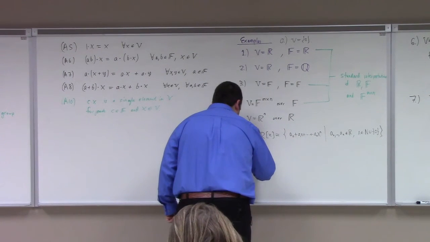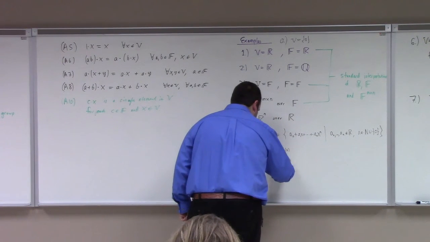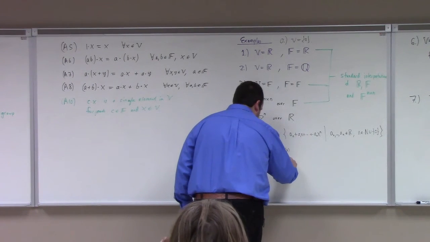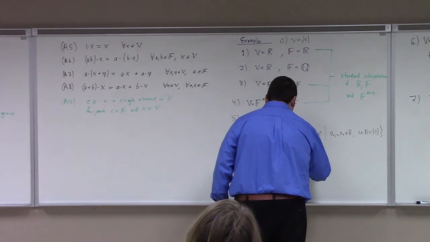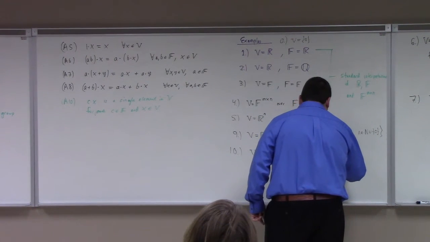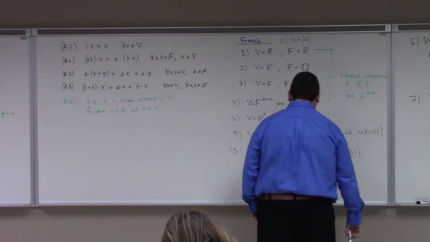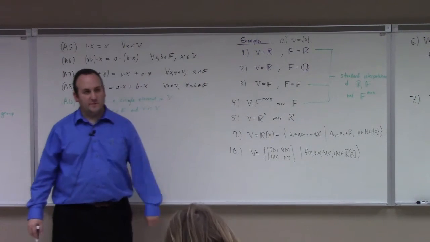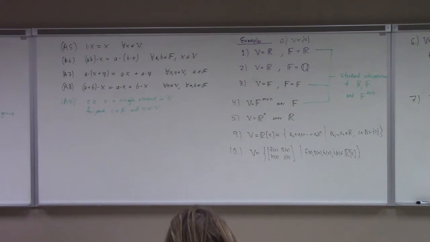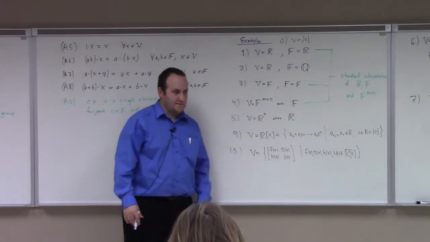How about V is equal to things like f of x, g of x, h of x, i of x, such that they are in the polynomials over x? 2 by 2 matrices of polynomials, also a vector space. If I add two of these together using usual matrix addition, it's again a 2 by 2 matrix of polynomials. If I take a scalar multiple by a real number, again I get a 2 by 2 matrix of real polynomials.